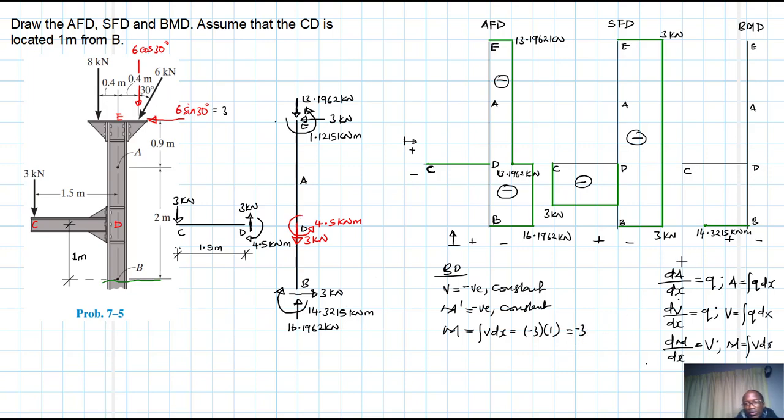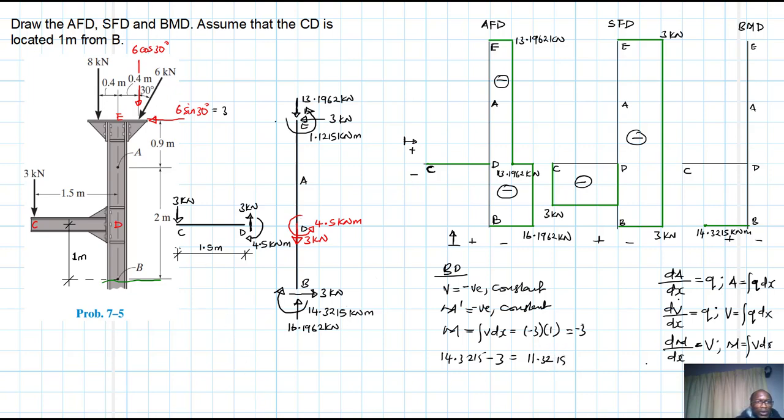All right, so what is the final destination point? The two will need to interact. So we'll have 14.3215 positive minus 3. When we subtract, we'll have 11.3215.